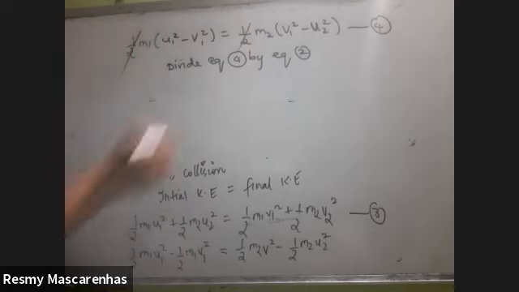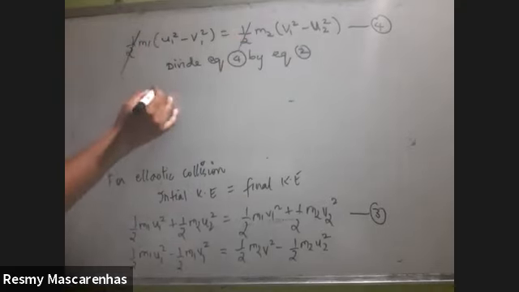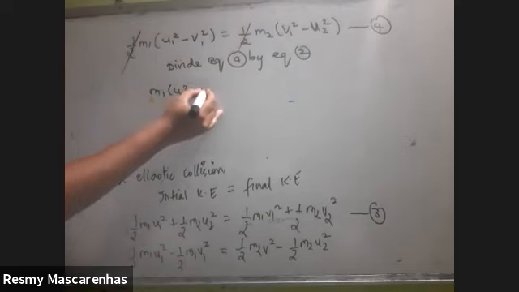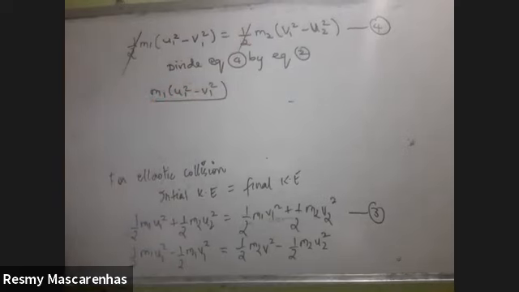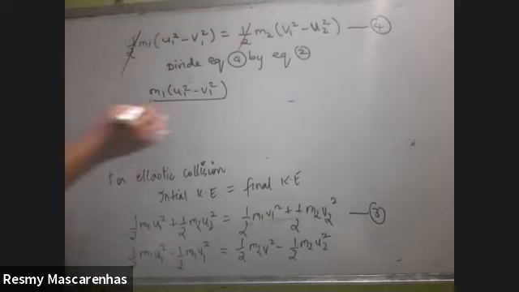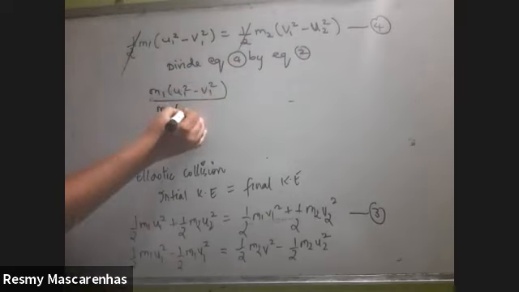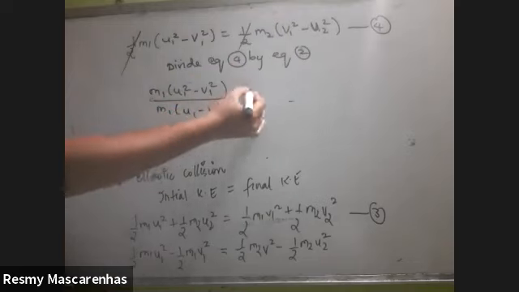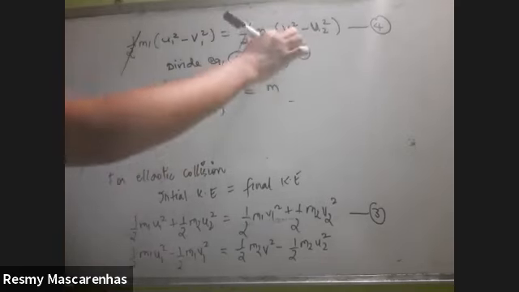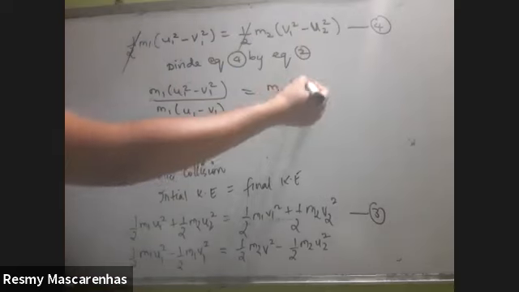Half and half you can cancel, both sides half is the same, so it will get cancelled. So equation 4 will be m1 divided by equation 2. In the same way, the right hand side will get divided by the right hand side.